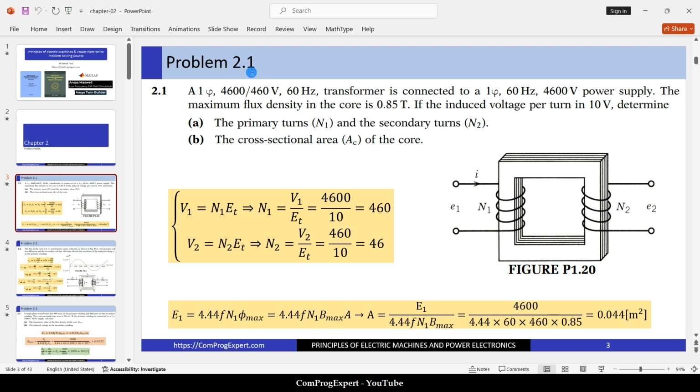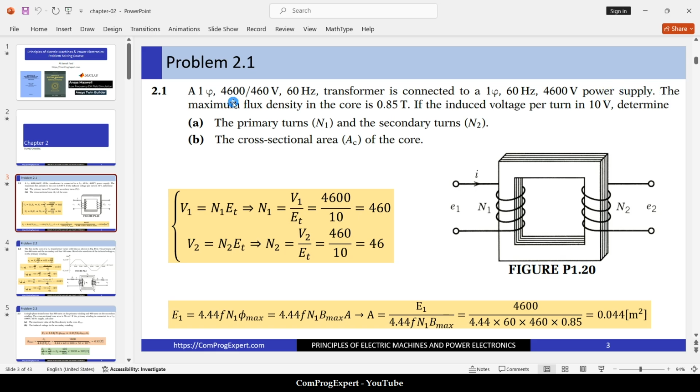Problem 2.1, the first problem of chapter 2. A single phase 4600 volt to 460 volt 60 hertz transformer is connected to a single phase 60 hertz 4600 volt power supply.